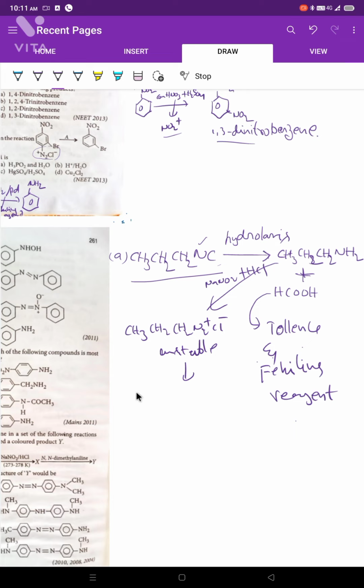So it is easily converted into CH3CH2CH2OH.